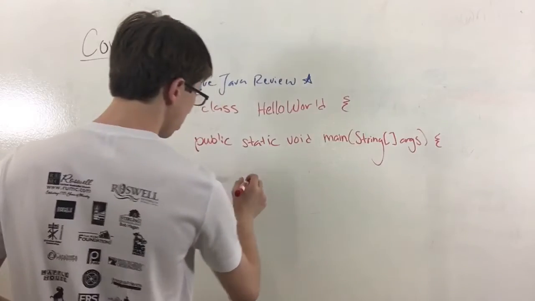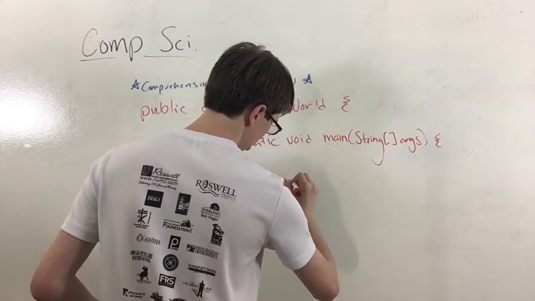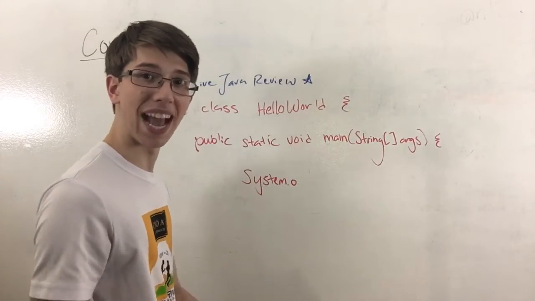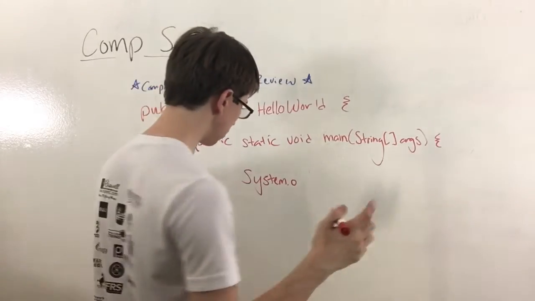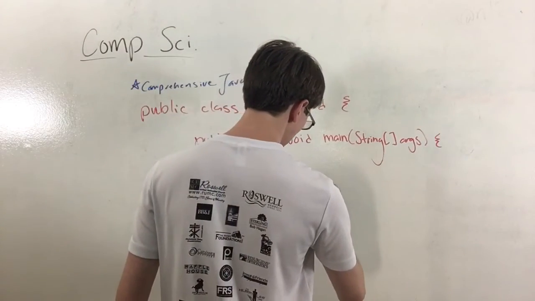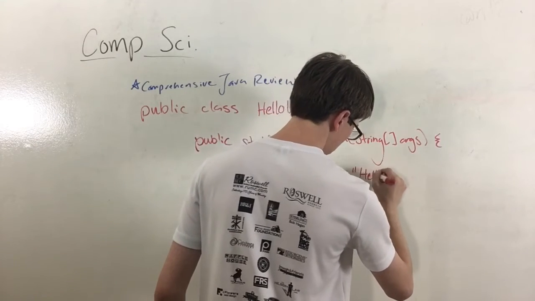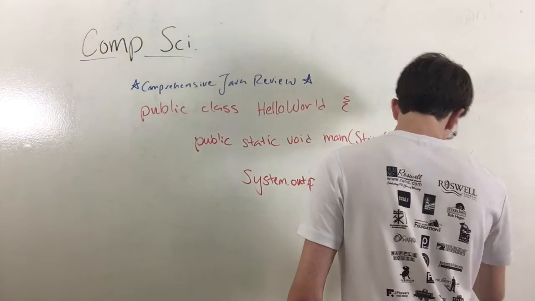And then we're just going to write a simple statement. System. Notice how the S in System is capitalized. It's because the System is in fact an object, but don't worry about that. System.out.println, "Hello World!" Okay.